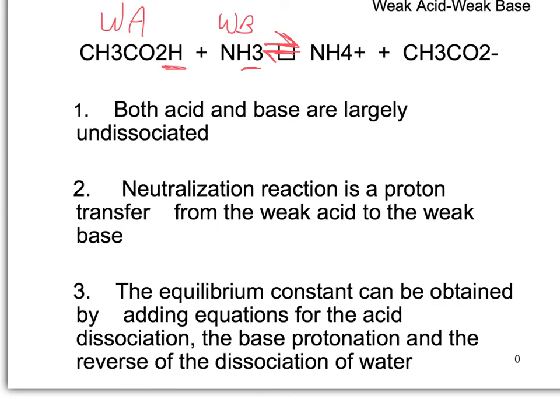And the reason for that is because of the Ka and the Kb for both the weak acid and the weak base. For ammonia, it's 1.8 times 10 to the negative fifth, and it is the same for the acetic acid as well.